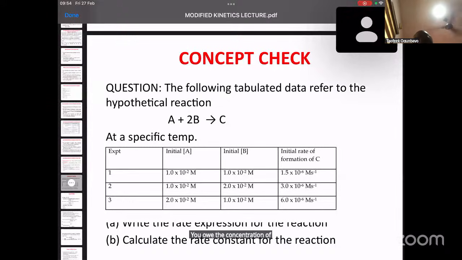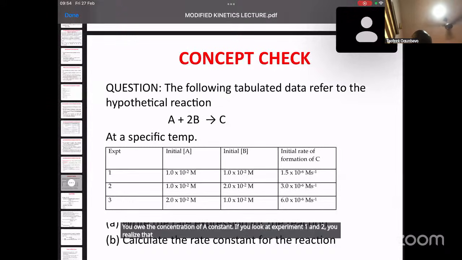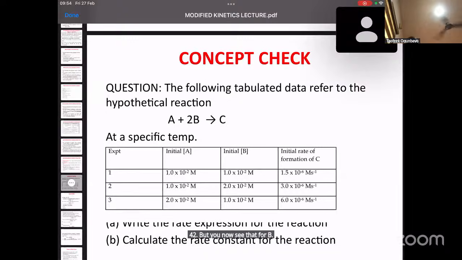If you look at experiments 1 and 2, you realize that the initial concentration of A is 1.0 times 10 to the power minus 2 for both. But for B, we double the concentration from 1.0 to 2.0. That means we're keeping the concentration of A constant and doubling the concentration of B to be able to determine how change in concentration of B affects the rate of reaction.